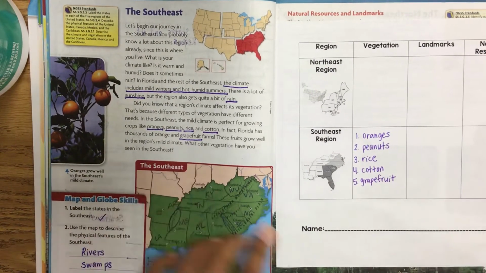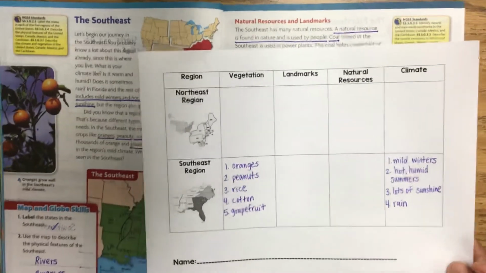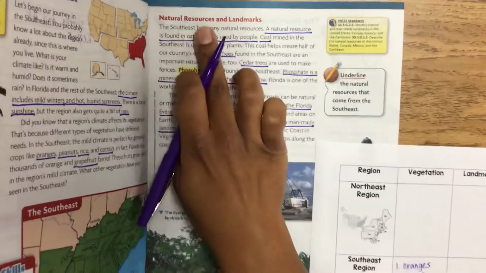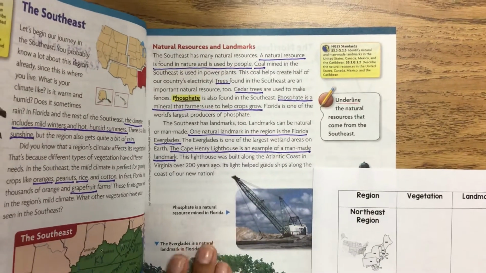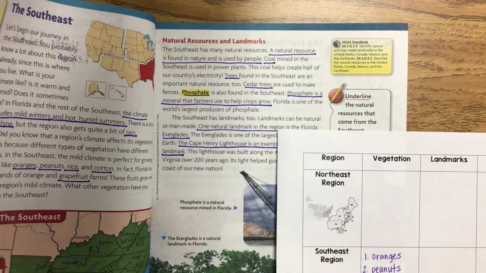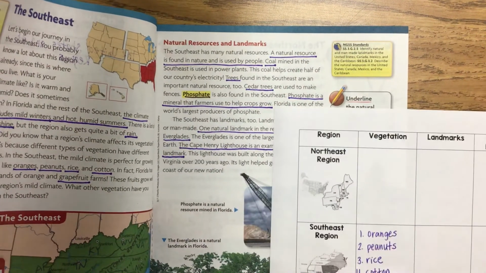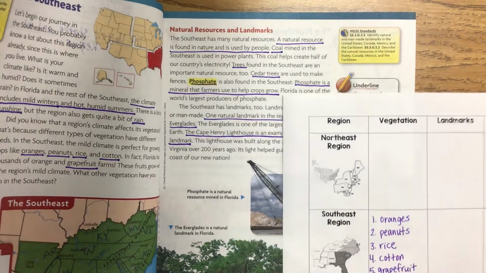Okay. All right, now we want to focus on the landmarks and natural resources. Remember on page 23, the heading said natural resources and landmarks. So I know this is where I found the information. I also have important notes already highlighted or underlined. All right, so let's go ahead and take a look at natural resources. Those are resources found in nature and used by people.